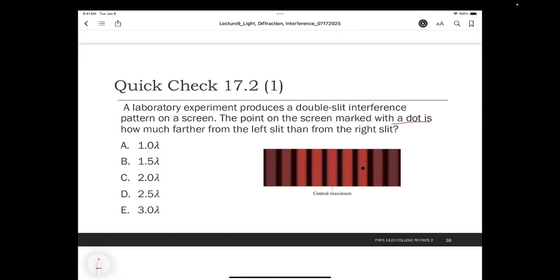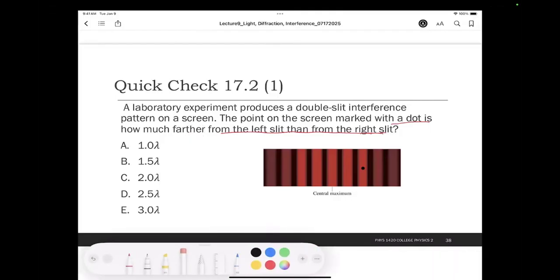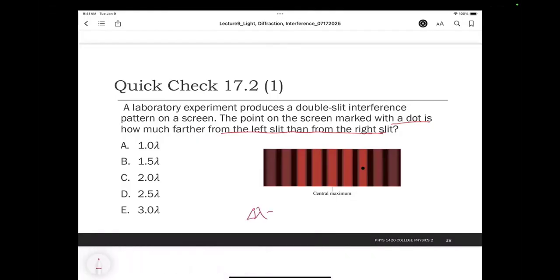It just asks how much farther the point is from the left slit than from the right slit, which means we need to calculate the path difference, delta 2 minus delta 1, equal to m lambda, am I right?